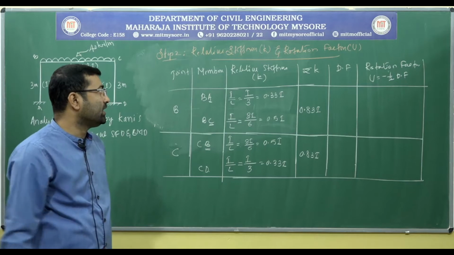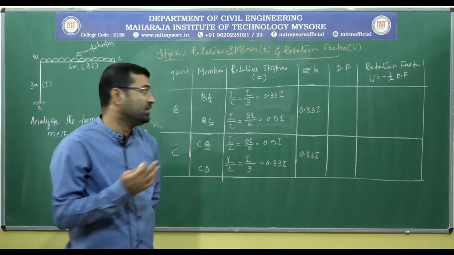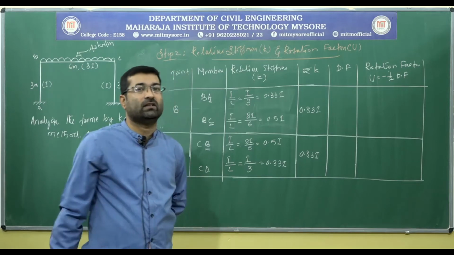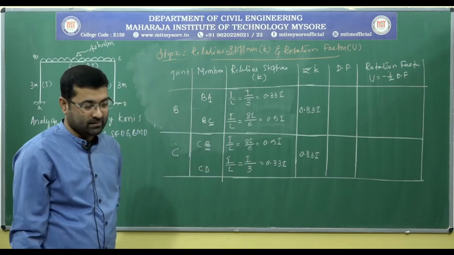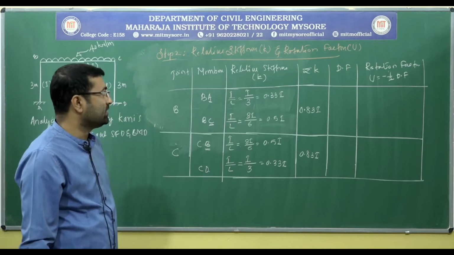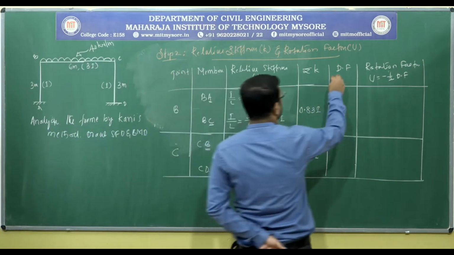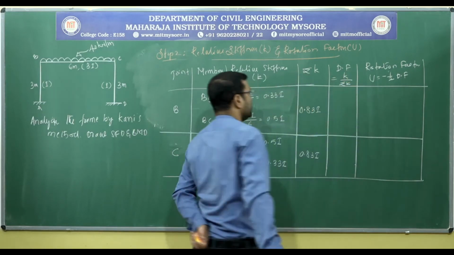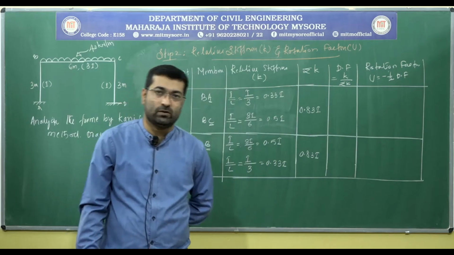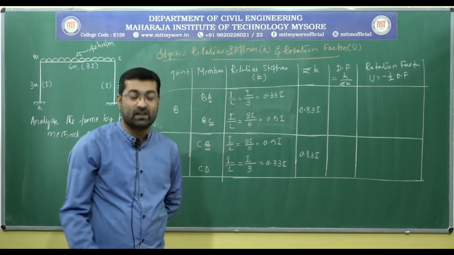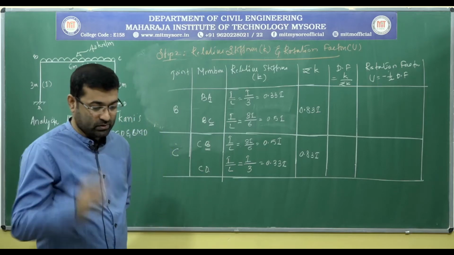Once we have the relative stiffness and the total stiffness, we can calculate the distribution factors, or else we can directly calculate the rotation factors. It is our practice to calculate the distribution factor, which is equal to k by summation of k. K is the relative stiffness of each member and summation of k is the total stiffness of the members at any joint.